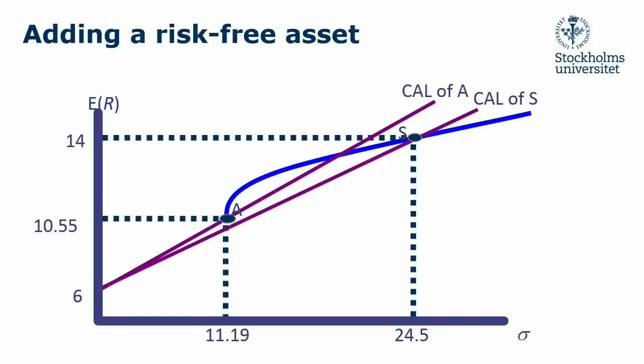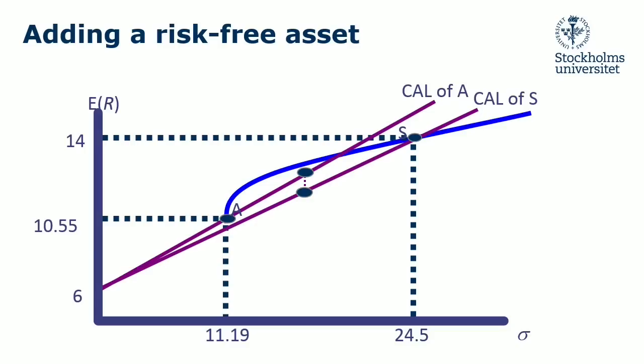Note that we could consider a point sitting on the capital allocation line of the stock and compare it with another point sitting on the capital allocation line of A.